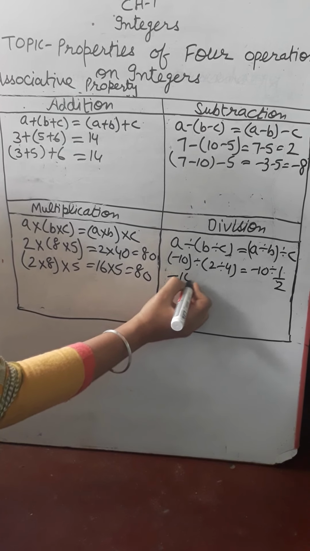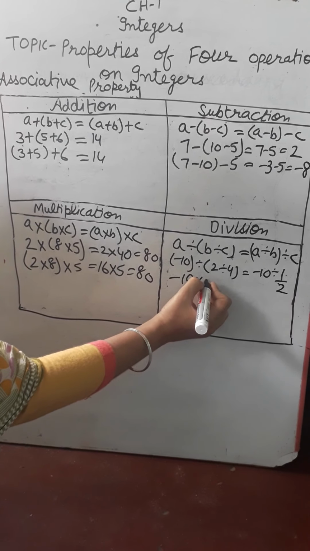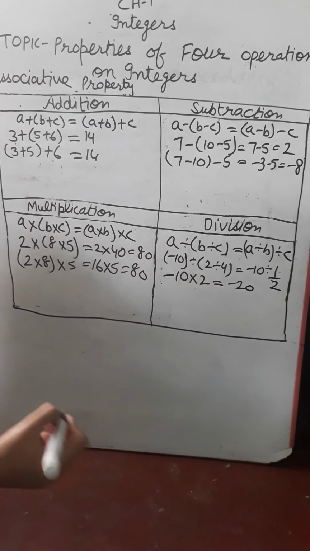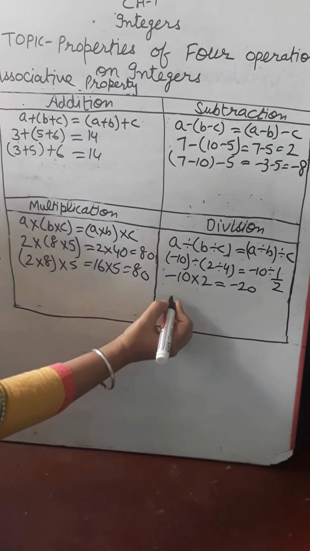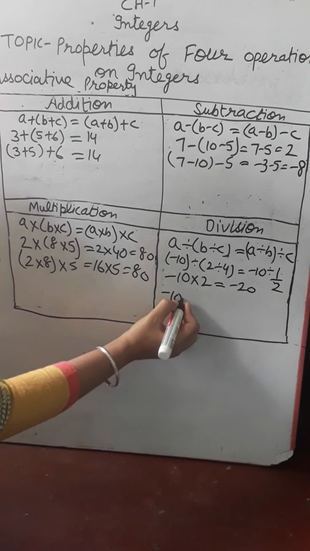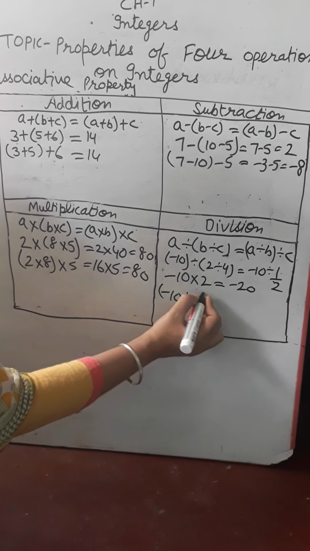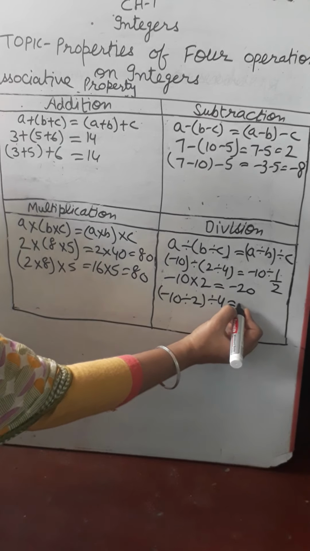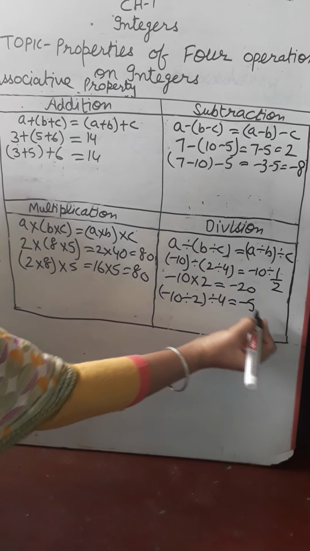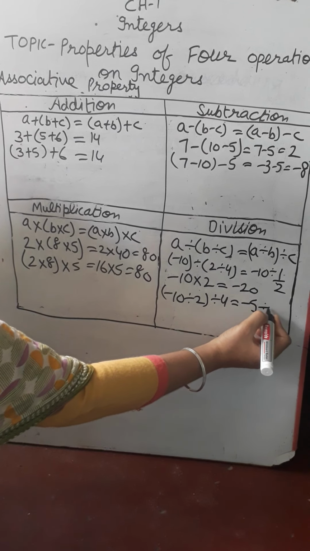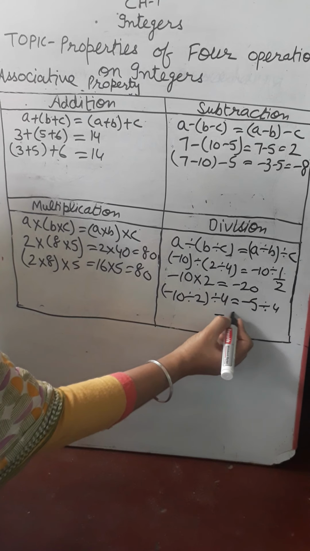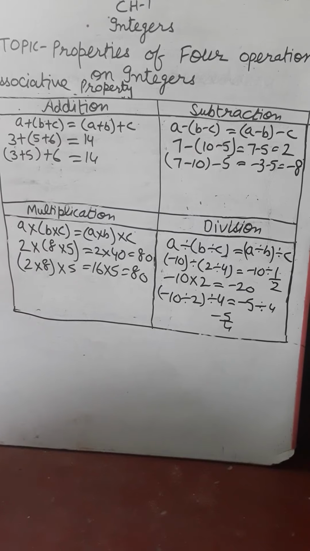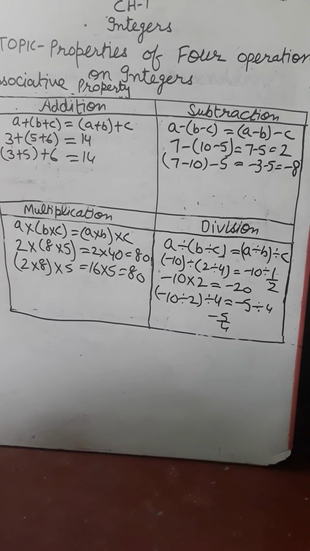Minus 10 into 2, minus 20. Let me take this side. Minus 10 divided by 2 divided by 4. Minus 10 divided by 2 is minus 5. Then minus 5 divided by 4 is minus 5 by 4. Both are not equal. So, division is not associative for integers.